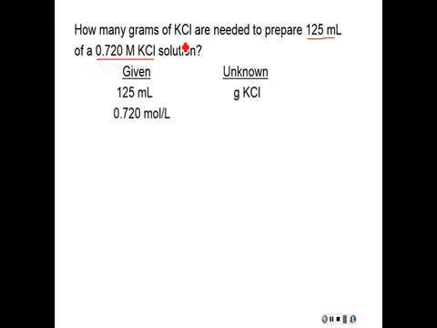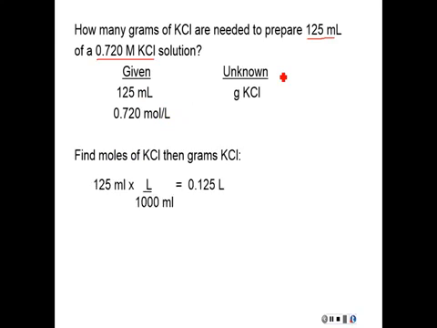Now in order to get grams of KCl, I'm going to have to find moles, because I can go from moles to grams at the end. So let's see, I have liters in my molarity formula, and this is milliliters. So I'm going to have to convert milliliters to liters here. To do that, 1,000 milliliters per liter, and that gives me 0.125 liters.